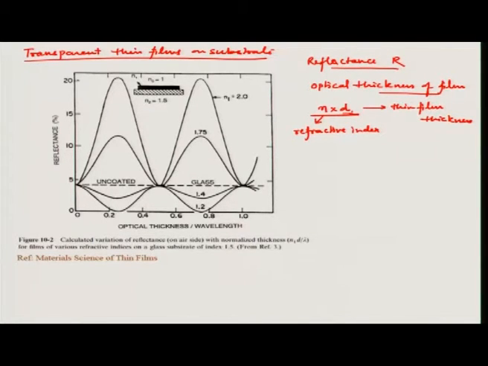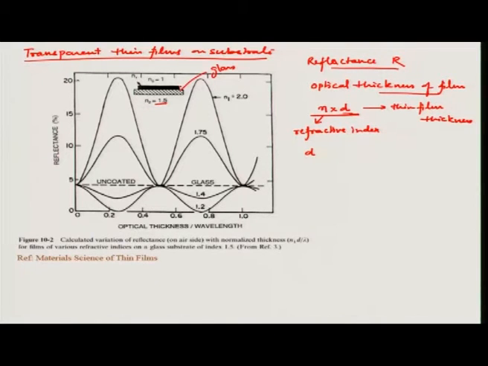So if you have a material under certain conditions, it will give you high reflectance. This is my configuration where N0 is air, N2 I have taken as 1.5 which is my glass substrate, and N1 is my thin film of N1 refractive index and d thickness.